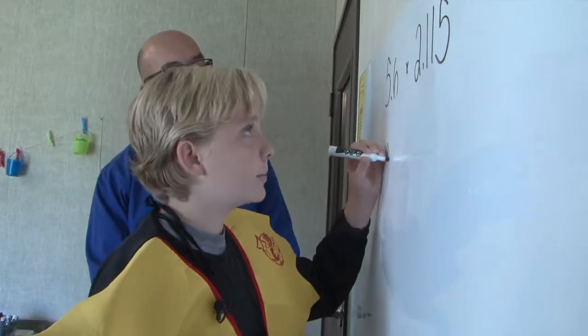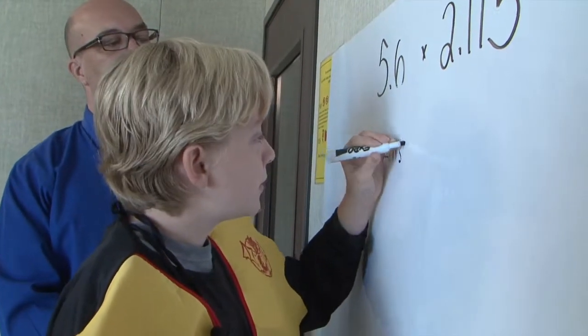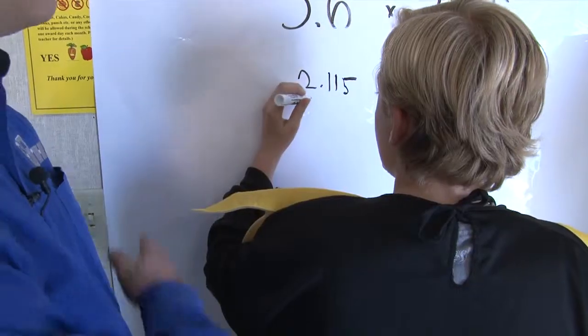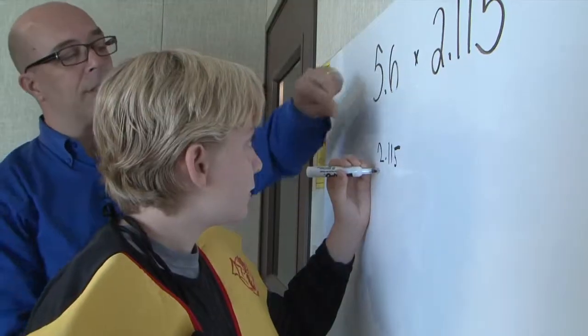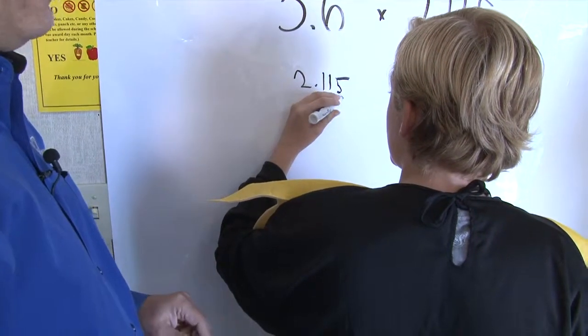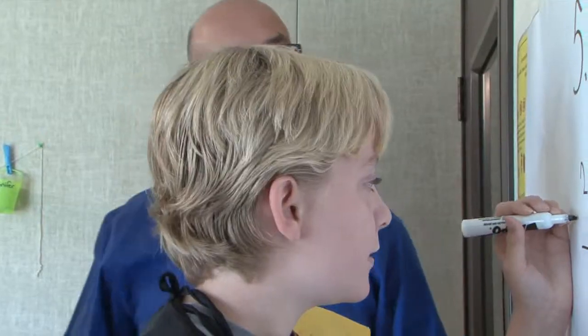So I'm going to put this number on top, and then this number. Instead of lining up the decimals, it might be easier just to line up the digits. And then we'll take care of the decimals in a little while.